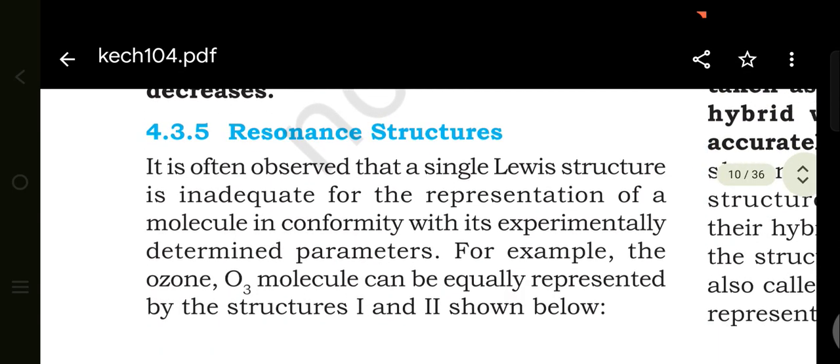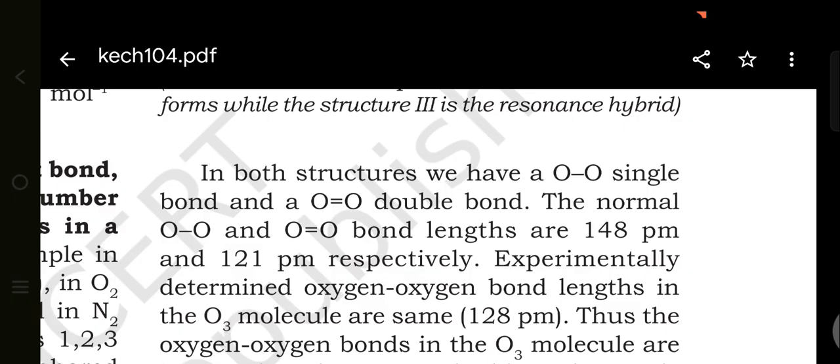Resonance structures. It is often observed that a single Lewis structure is inadequate for the representation of a molecule in conformity with its experimentally determined parameters. For example, the ozone O3 molecule can be equally represented by the structures 1 and 2 shown. In both structures, we have an oxygen-oxygen single bond and an oxygen-oxygen double bond.